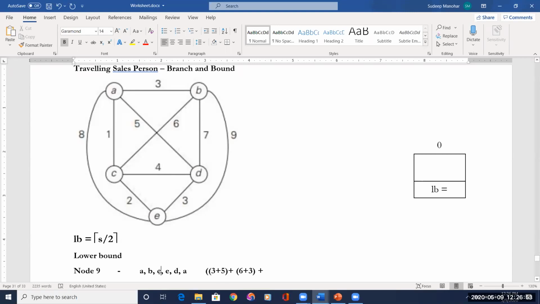Next C. For C, it is C to B and C to E. C to B is 6, C to E is 2, 6 plus 2. What about D? For D, it is DE and DA. DE is 3, DA is 5. That is 5 plus 3.